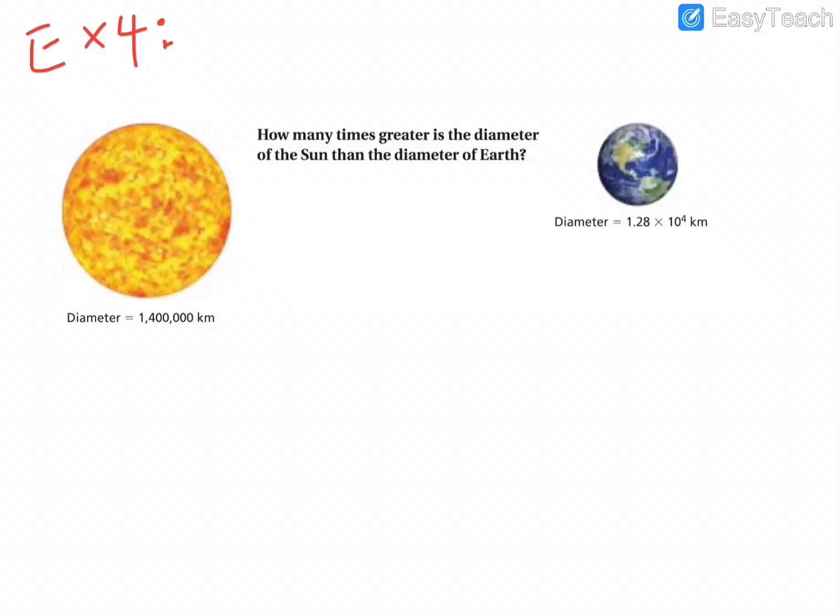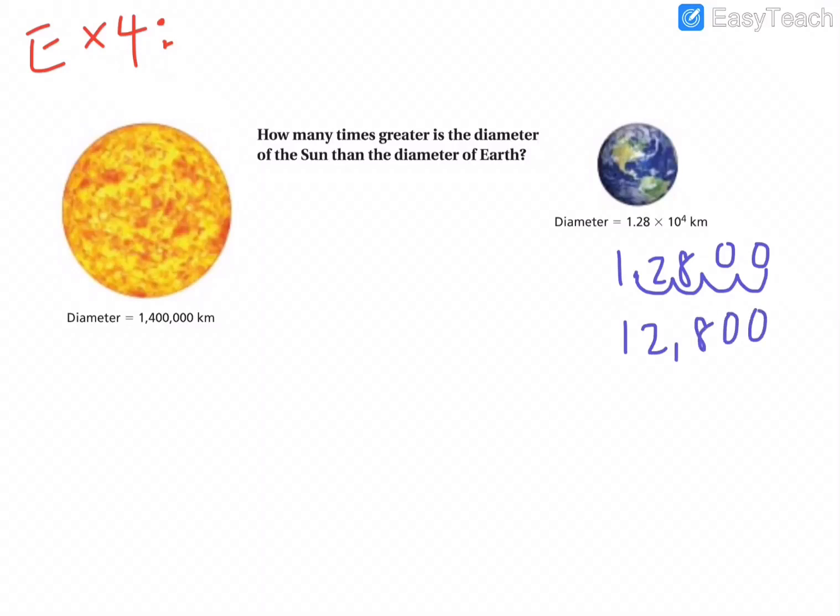Personally, if it's me, I would change diameter of the Earth to standard. So 1 and 28 hundredths times 10 to the 4th means this would be 12,800.